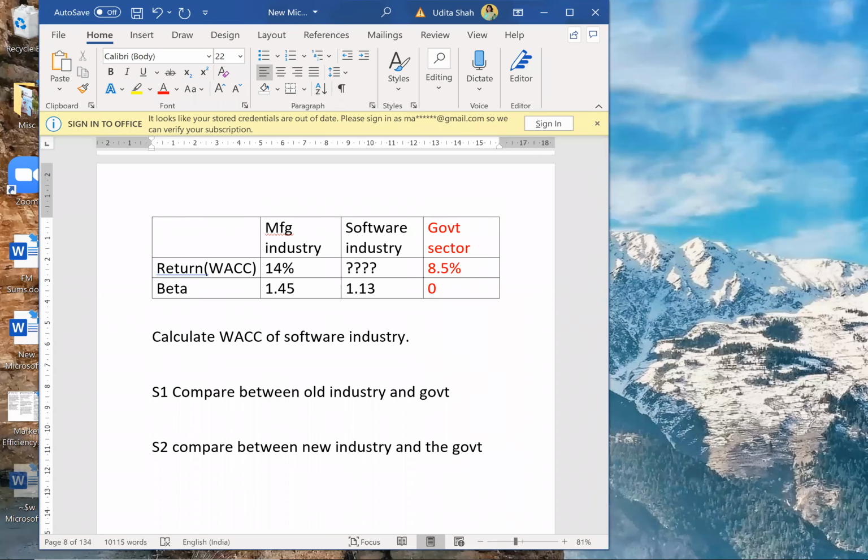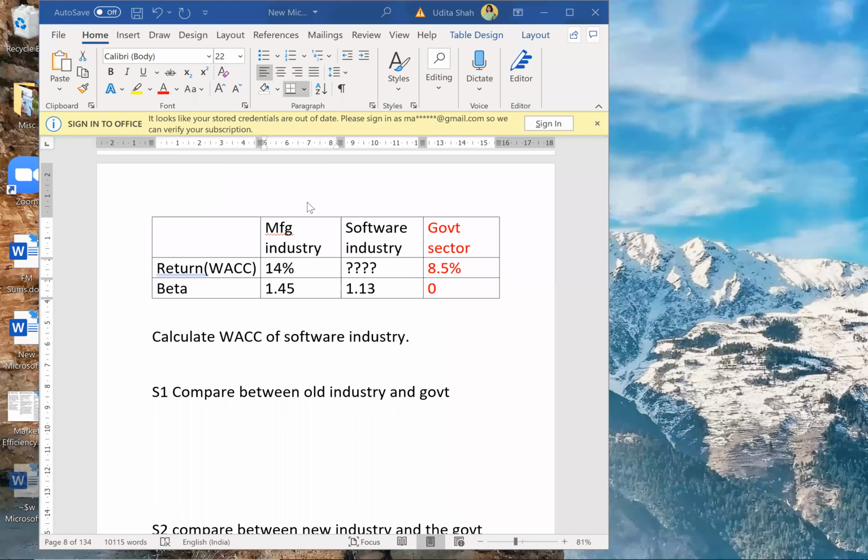Let us see. First, let us compare between old industry and government. We are comparing between manufacturing industry and government.